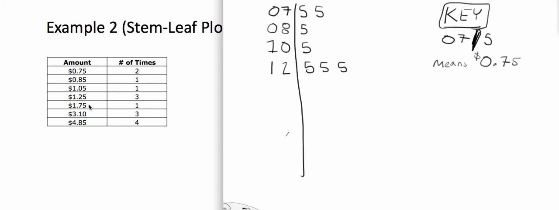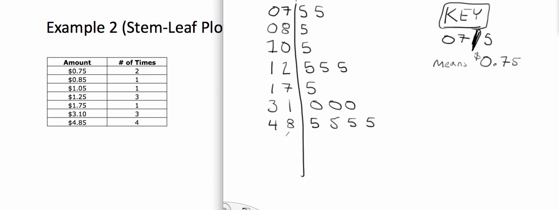And then we've got 1, 7, and the 5 shows up once. We've got then 3, 1, 0, 0, 0, because it shows up 3 times. And then we have 4, 8, and 1, 2, 3, 4, we have 4 5s there. That means 4.85, it shows up 4 times.